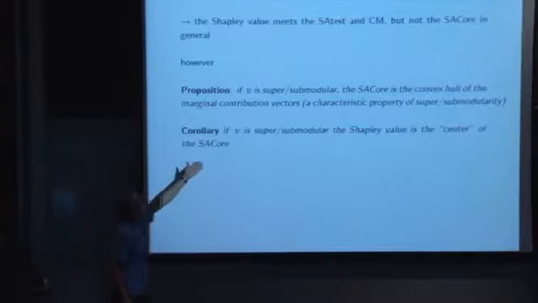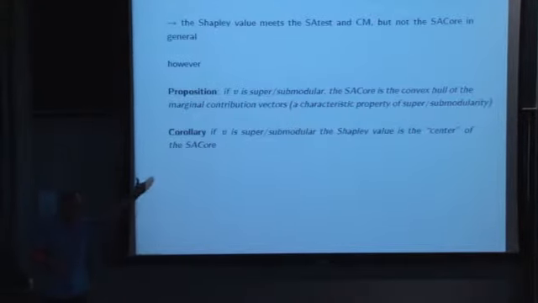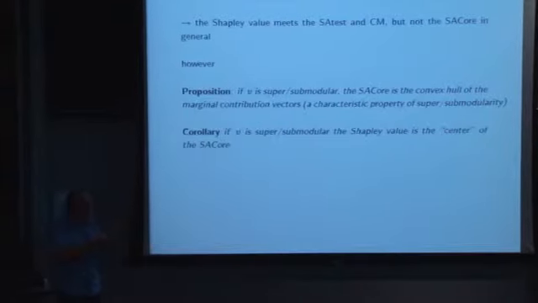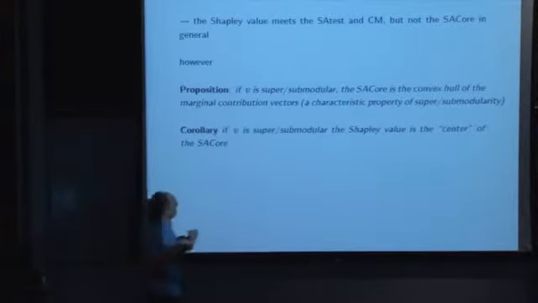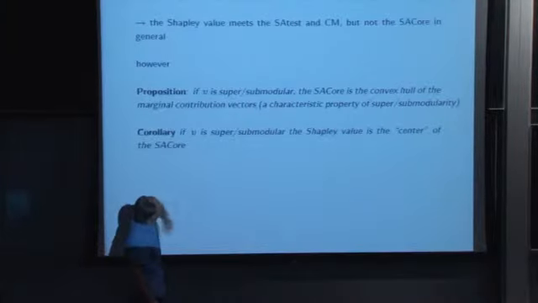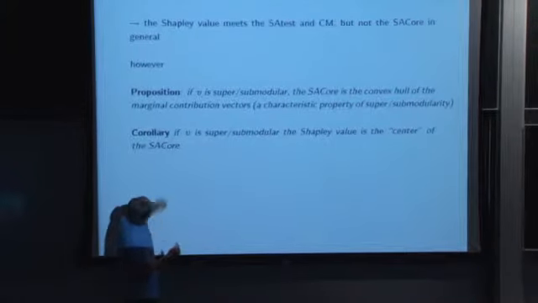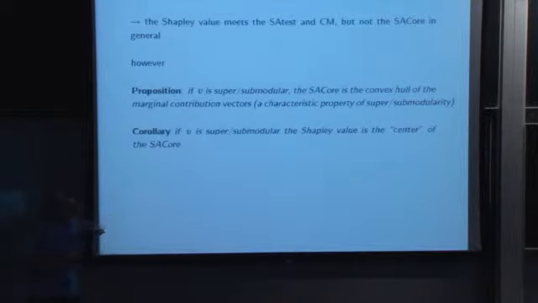If the cost is submodular, then the standalone core, and that's the core defined by the constraints that the cost charged to any coalition of agents should not be more than the cost of serving that coalition alone with nobody else, is non-empty, but moreover it is the convex hull of the marginal contribution vectors.